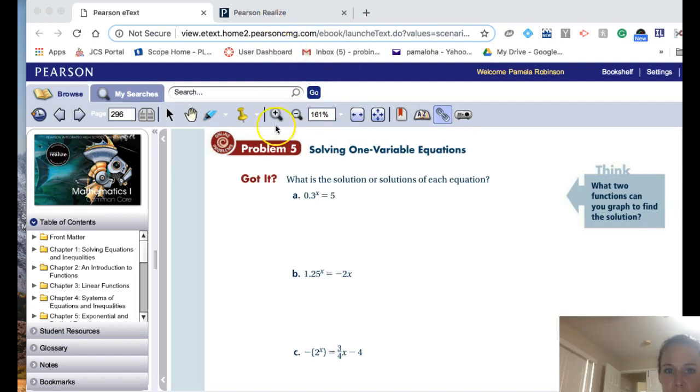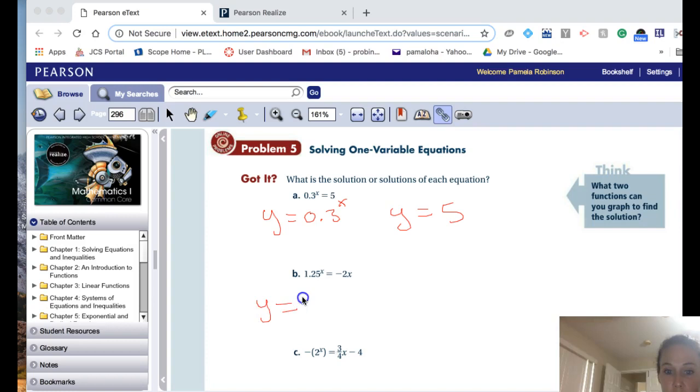So go ahead, instead of doing it by hand, graph them on a grapher like Desmos, or if you have a graphing calculator, go ahead and do that. So you're going to graph y equals 0.3 to the x, and then you're going to graph y equals 5. And you're going to see where these two intersect. Do that for each one.